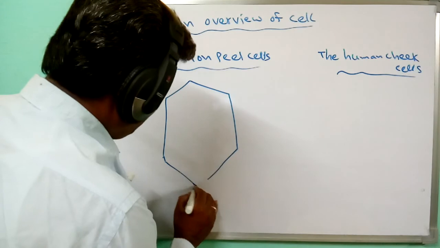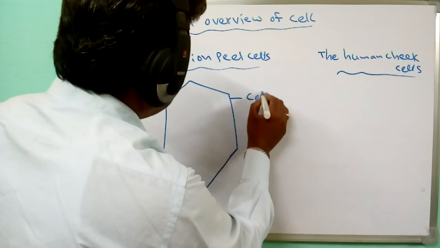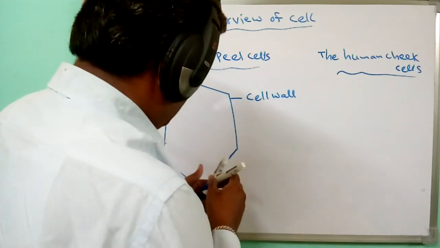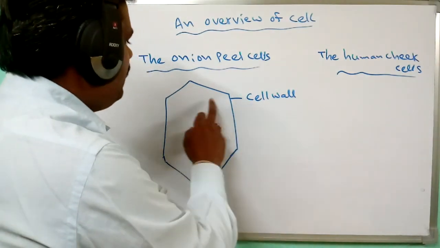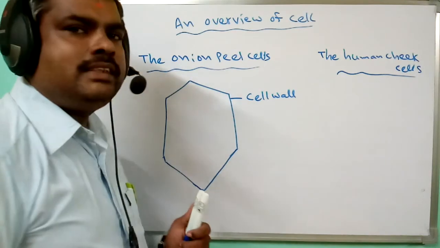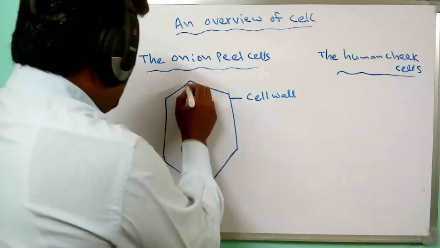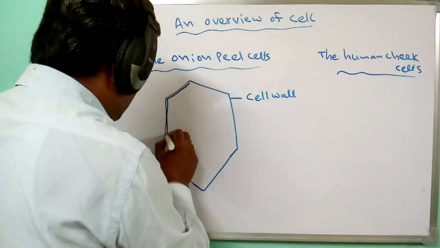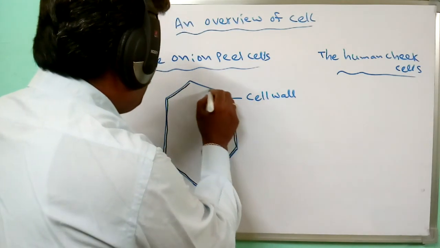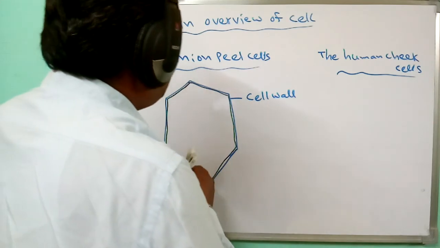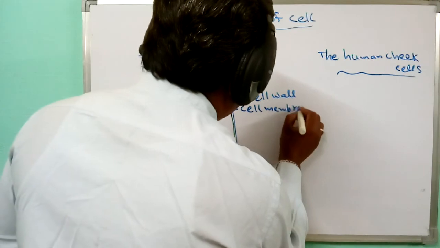This typical plant cell has a cell wall, which is the outer boundary of the cell, and below the cell wall another membrane is also observed. This membrane is known as the cell membrane.